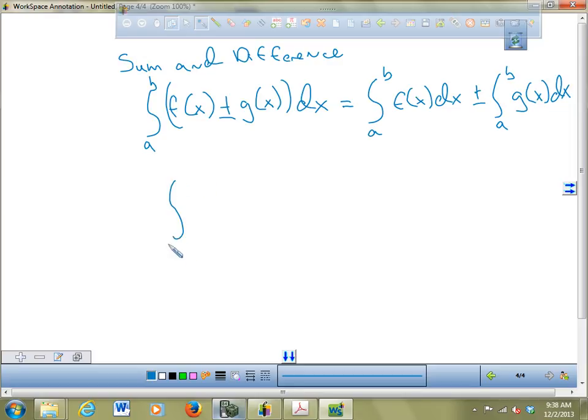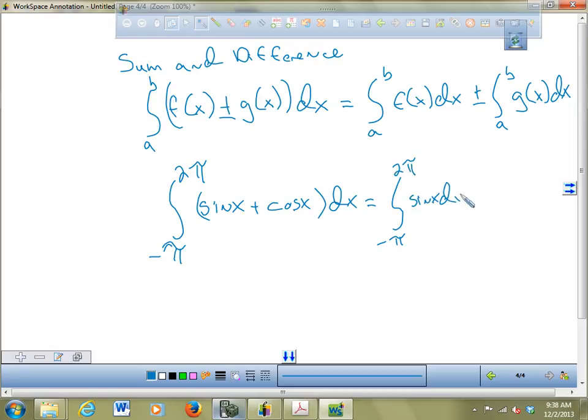Say, for instance, that you want the integral, which we did the other day, from -pi to 2 pi of sine of x plus cosine x dx. Well, it'd probably be better to break that into two separate integrals, the integral of sine of x dx, which you could probably do now because we told you what that integral is, plus the integral from -pi to 2 pi of cosine of x dx.